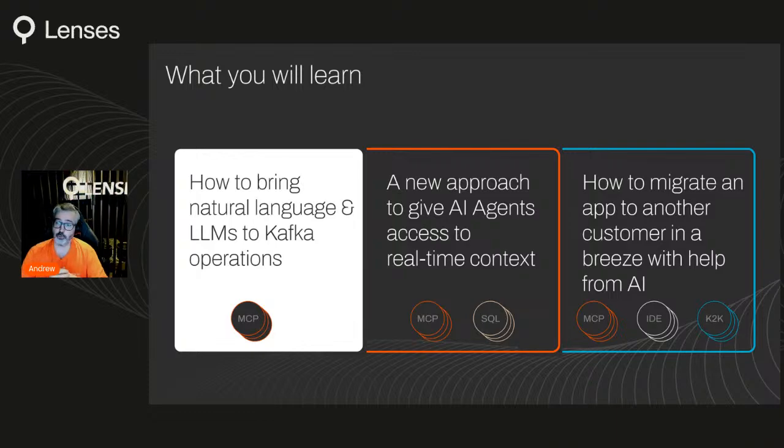And then we'll also show you how to migrate an app from one environment, from one cluster to another cluster, with the help of AI. That's using our MCP, the IDE, and also K2K. What is K2K? K2K is Kafka to Kafka.